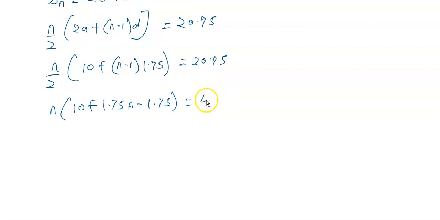So this is 41.5. तो यहाँ आ जाएगा 10n plus 1.75 n square minus 1.75 n is equal to 41.5.